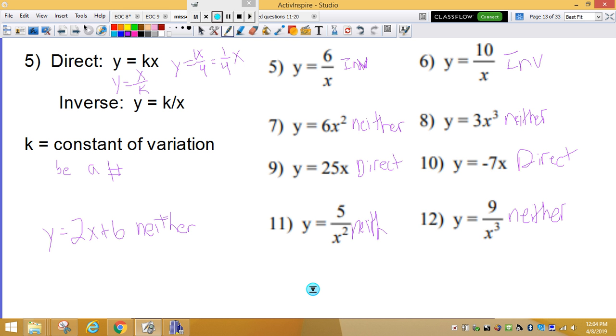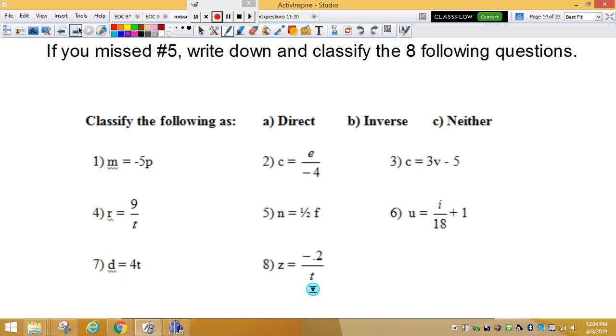Okay? So, if you missed number 5, you need to write down and classify the following 8 questions. Do not put A, B, and C. You can put a D for direct, an I for inverse, or an N for neither. Okay? But write them down. Now, these have other letters besides X's and Y's, but y'all know how this works. This would be just like it's written y equals negative 5x.